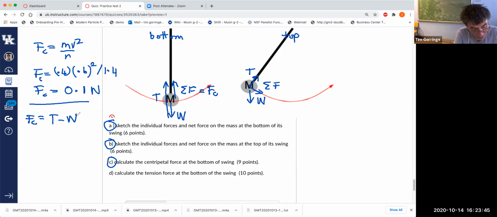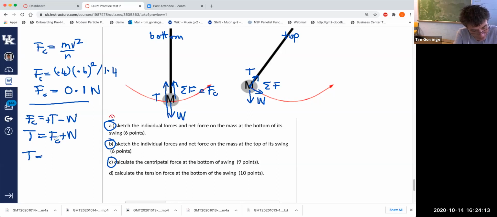And so the centripetal force is the tension less the weight, this combination of these two forces. Now we want the tension. So if I rearrange that, the tension force is the centripetal force plus the weight. And so I can just add those together.